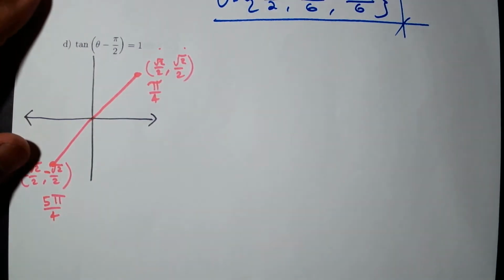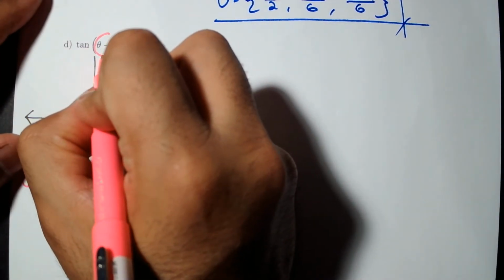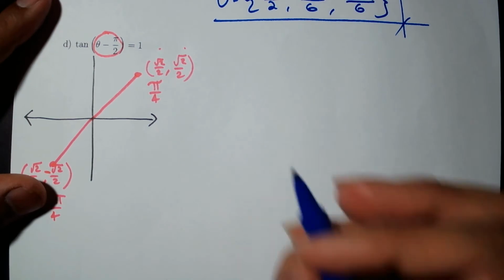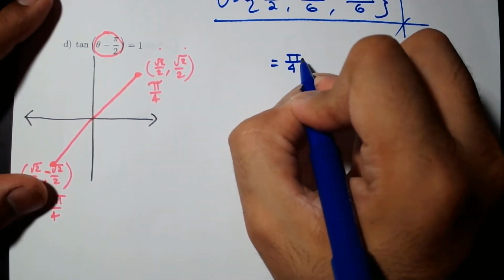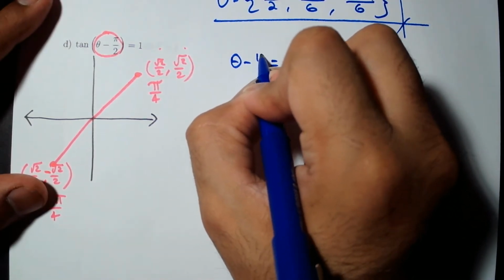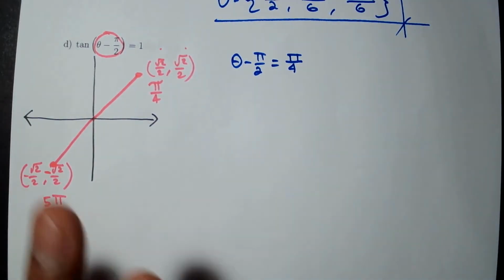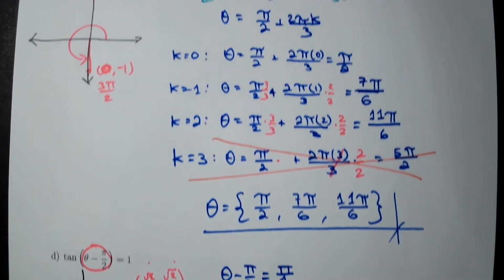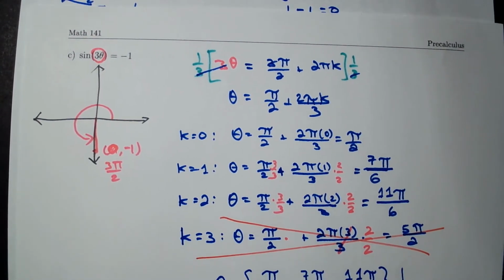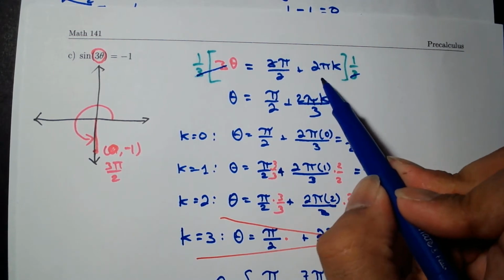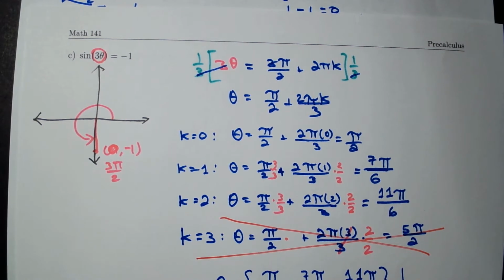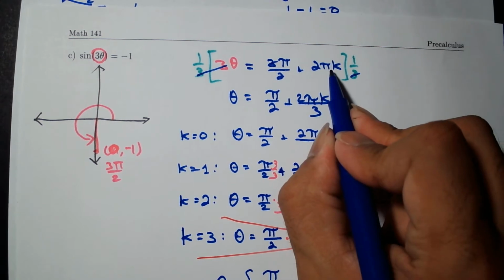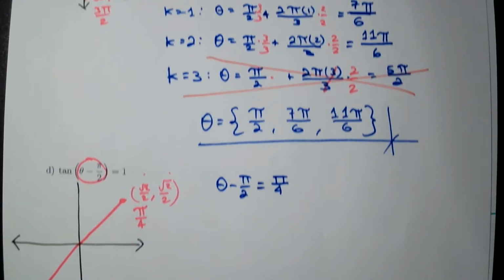However, keep in mind that it's the whole thing in parentheses. So pi over 4, and this is theta minus pi over 2. But notice that for the previous examples involving sine and cosine, the periodicity was 2 pi k, because sine and cosine are periodic for every multiple of 2 pi, as opposed to tangent.